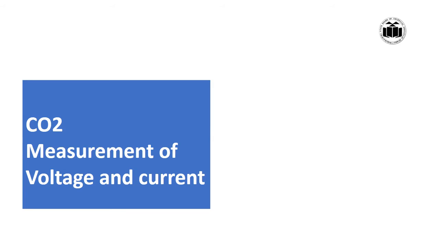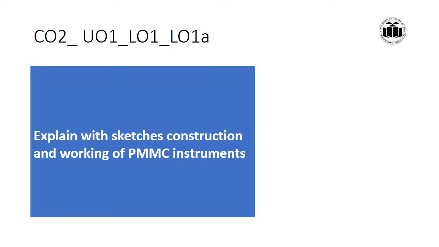In this course, we are going to learn CO2, that is course outcome 2, measurement of voltage and current. The learning outcome is that the student should be able to explain with sketches the construction and working of the PMMC instrument.